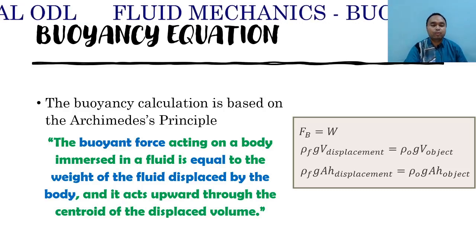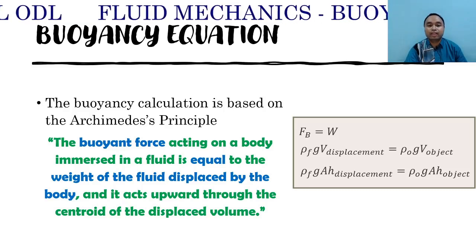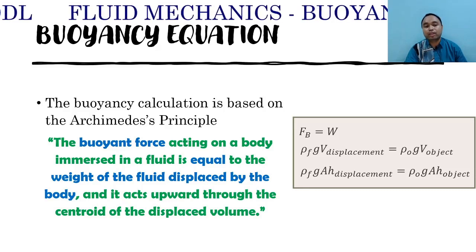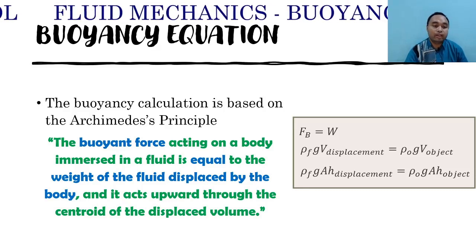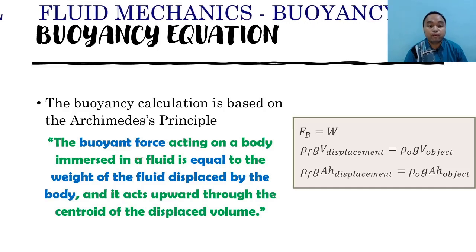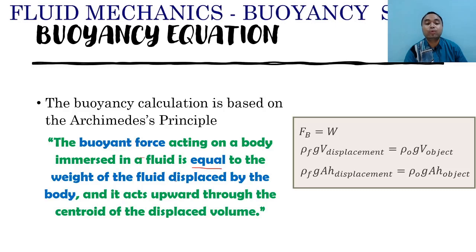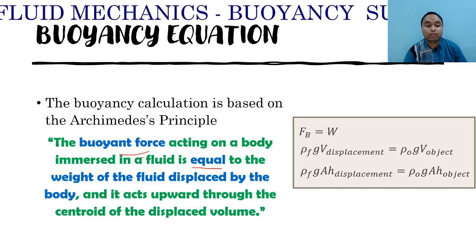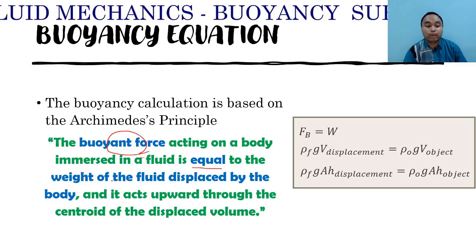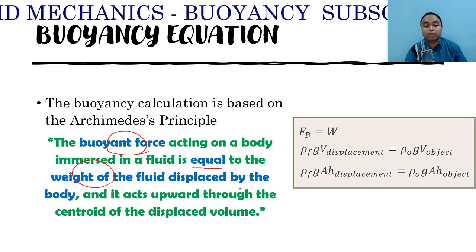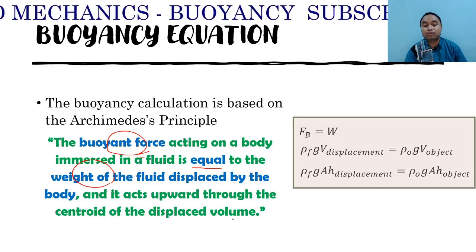The idea of buoyancy itself is very simple, and practically the calculation comes from Archimedes' principle, where the buoyant force acting on a body immersed in a fluid is equal to the weight of the fluid displaced by the body, and it acts upward through the centroid of the displaced volume.